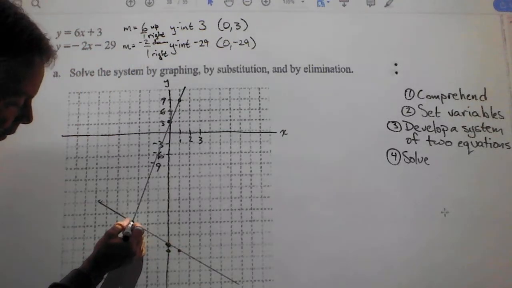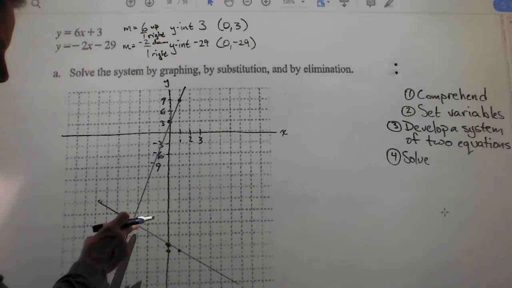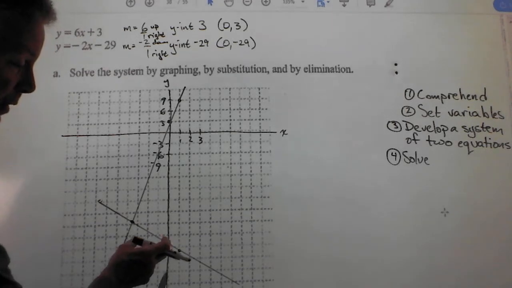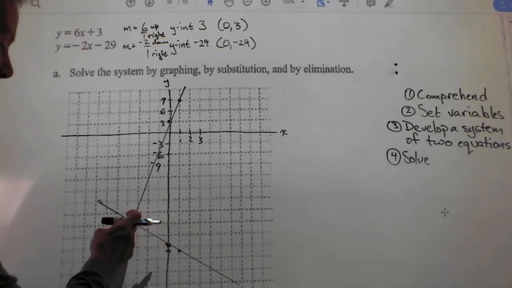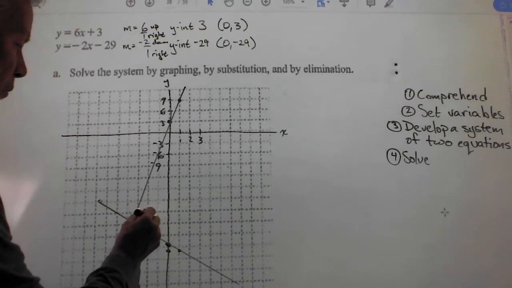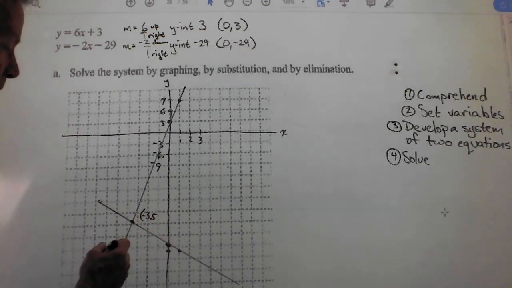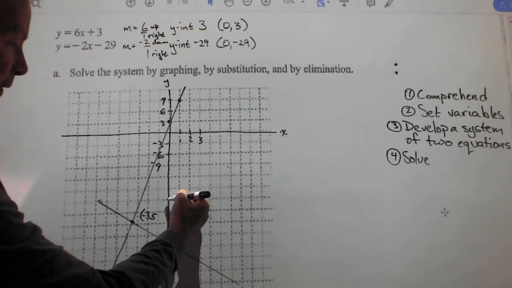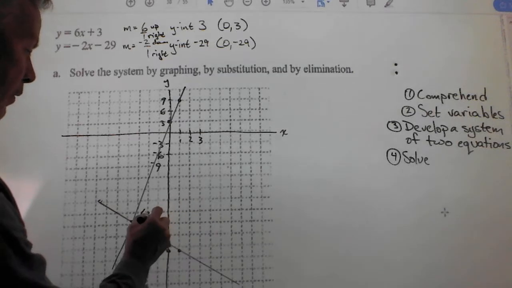That gives us an intersection point here. Now, this is nowhere near an intersection of grid lines. Now, that could be because I did a crappy job on the graph, but we can estimate that it's at about negative 3.5 for our x, right? 1, 2, 3, and about a half. And going down, negative 12, 15, 18, 21, maybe about 23.